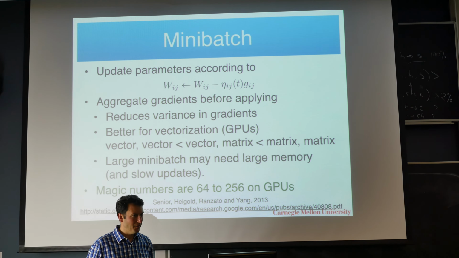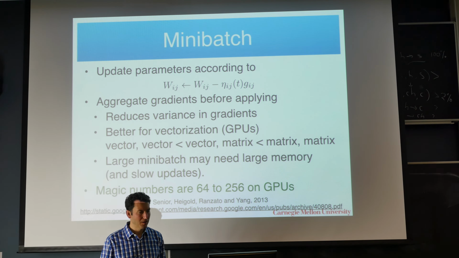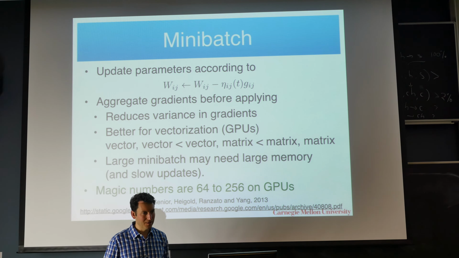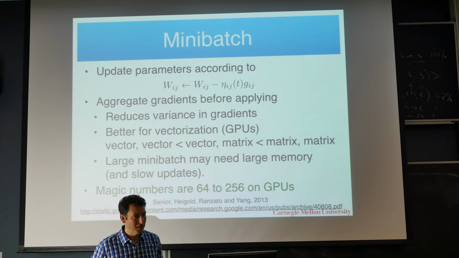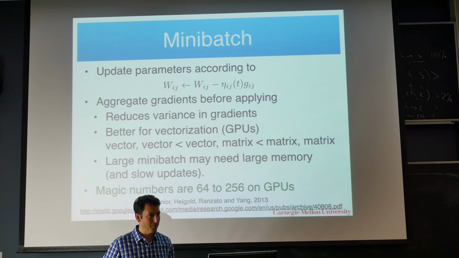It in particular helps when you do things on a GPU, and that's the case because matrix-matrix operations are faster than matrix-vector operations, which in turn are faster than vector-vector operations. If you have never seen this, pull out Octave or MATLAB and just time what happens if you take vector-vector, matrix-vector or matrix-matrix operations, let it run for the same number of floating point operations, same memory footprint, and you'll see that vector-vector is a lot slower.